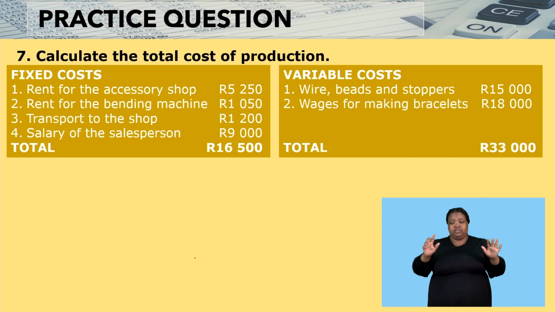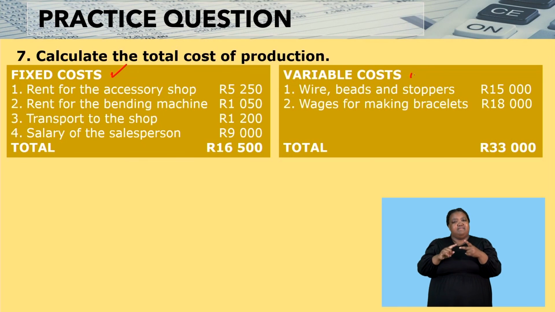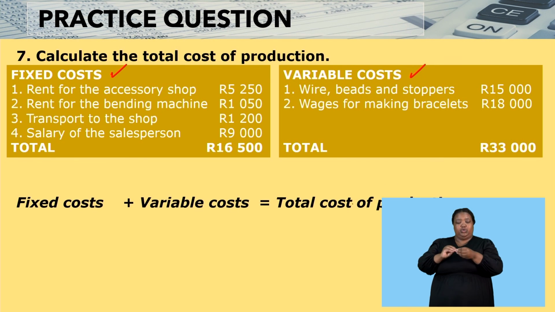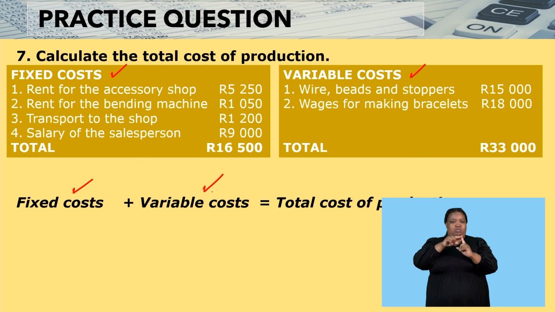Number 7 reads, calculate the total cost of production. When I'm calculating my total cost of production, I have to be very careful. I have to know what information I have. At the moment, I have my fixed cost and my variable costs. If I'm to get my total cost of production, I have to add my fixed cost plus my variable cost.